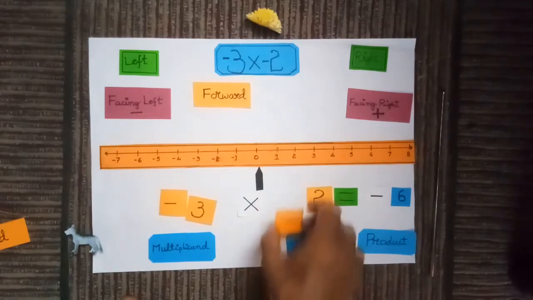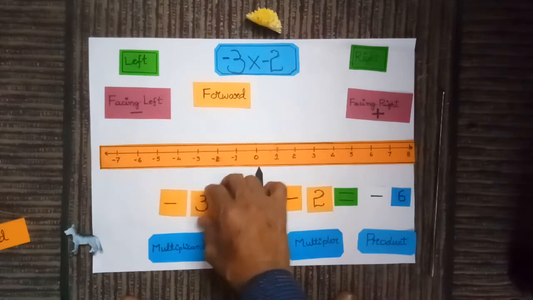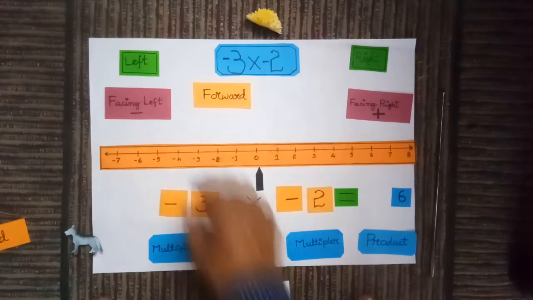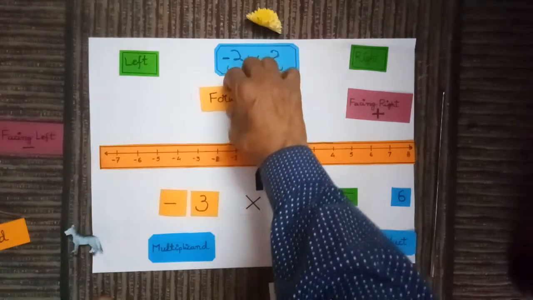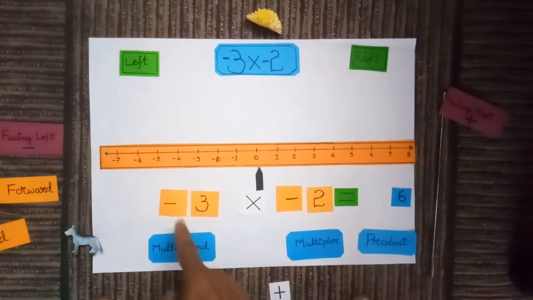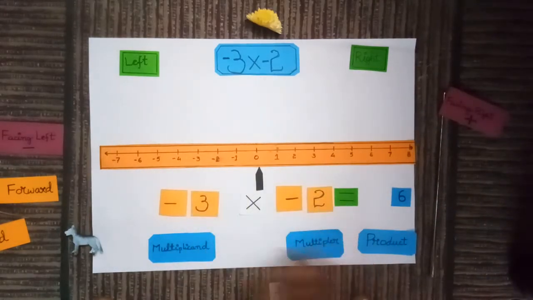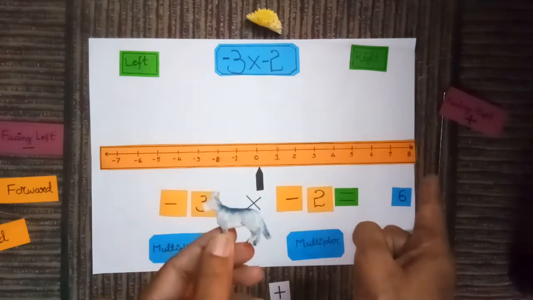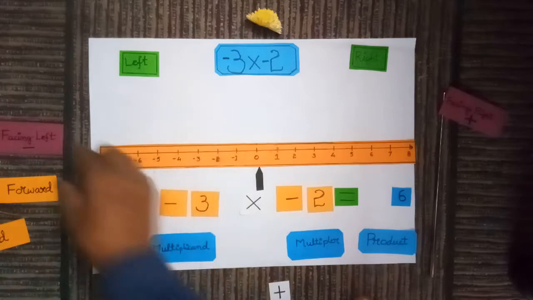So minus 3, this we will make it negative. So minus 3 into minus 2. Okay, let us try to understand what you mean by minus 3 first. So minus 3 means the dog is facing, do you think that it is facing right or left?